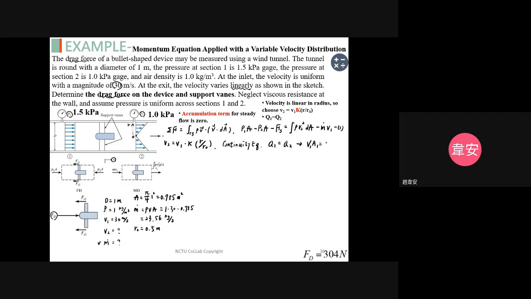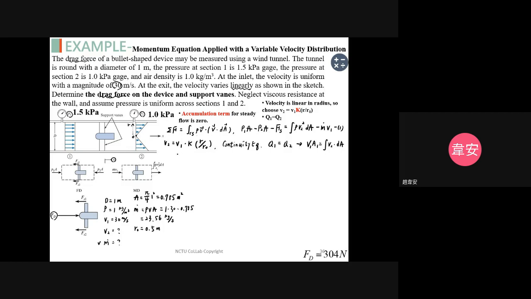We need to use the integration operator, V2 dot dA. So based on these equations, we can try to solve for the K number here.